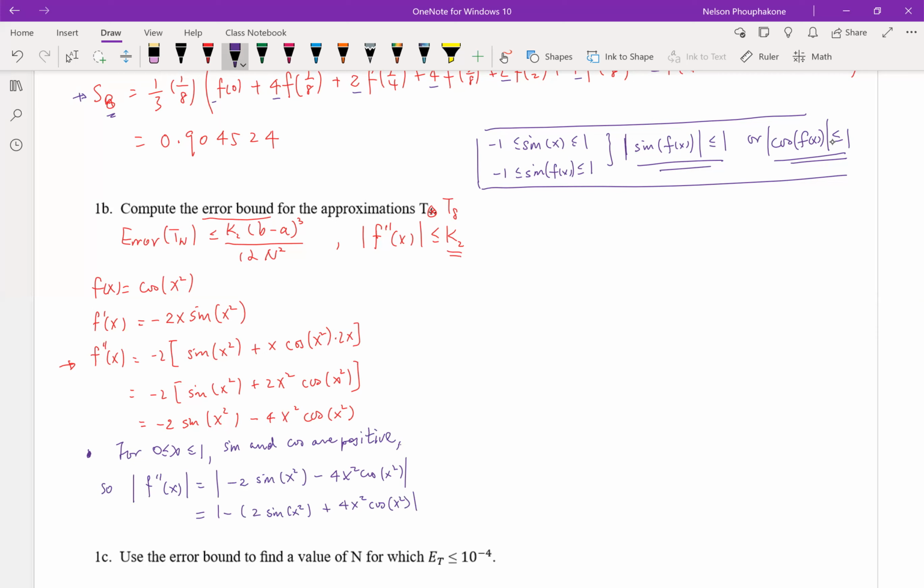And then we know that the absolute value of a negative is just a positive, right? Let us continue.